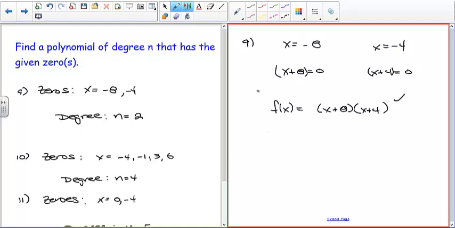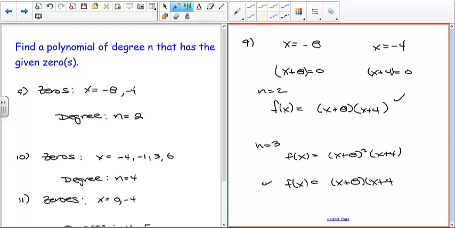So this is for n equals 2. Let's just show you how you would do it for n equals 3. You'd say, f of x equals x plus 8 squared times x plus 4, or you could do x plus 8 times x plus 4 squared.